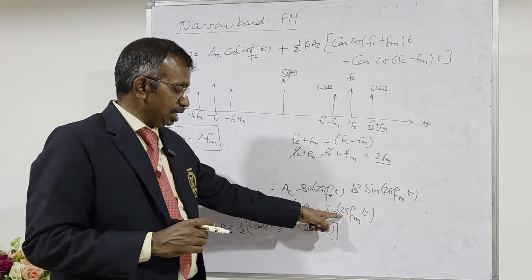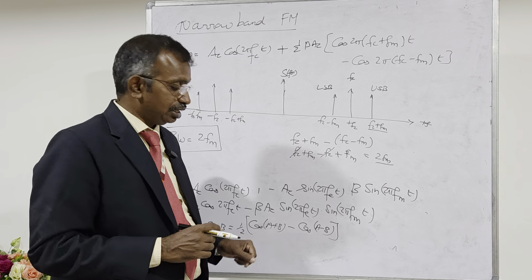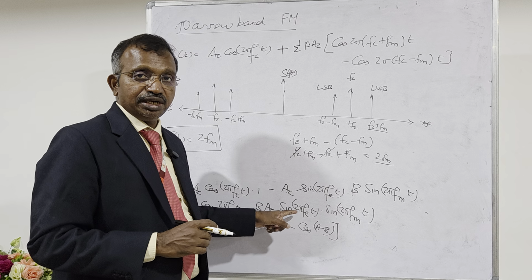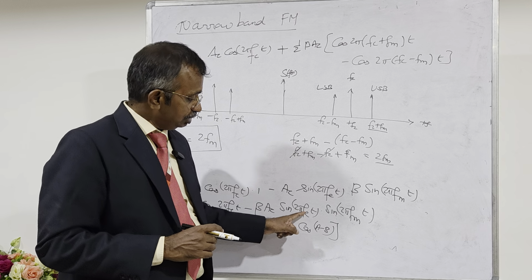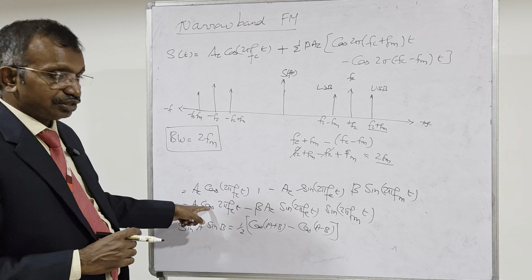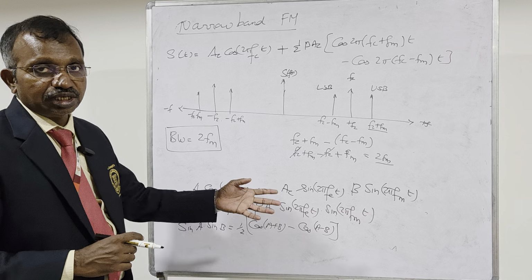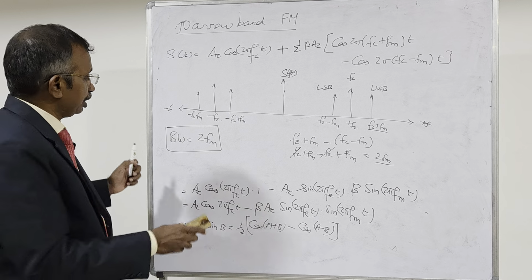This term is obtained by integrating the message signal, and the carrier signal is phase shifted by 90 degrees. Then these two are multiplied, and finally you have to subtract the product from the carrier component. That will give you the narrowband FM signal.